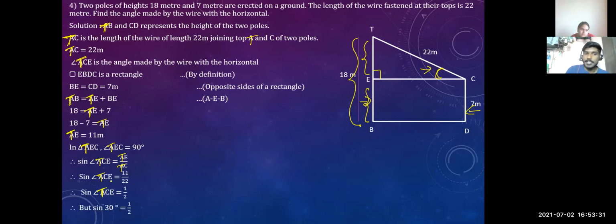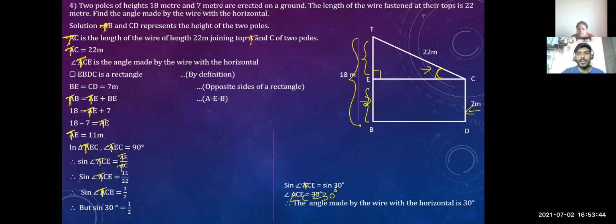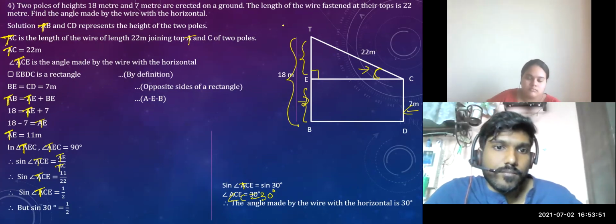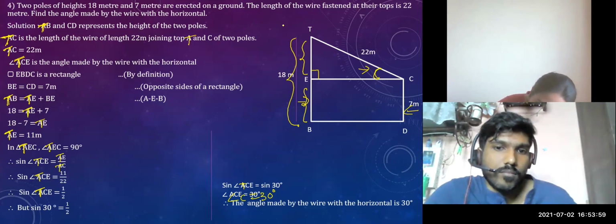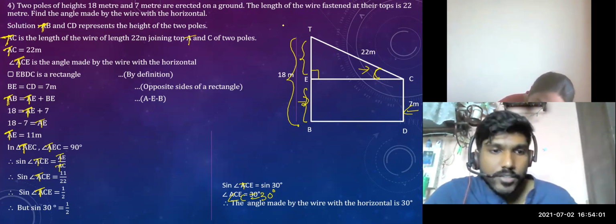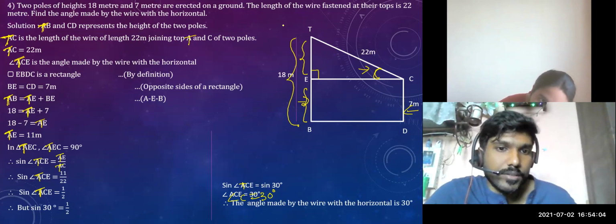And you know sine 30 is half. So angle TCE, or angle C, is 30 degree. So the angle made by the wire with the horizontal is 30 degree. Write it in this way. Have you understood the solution? Any doubts in the solution? No. Okay.